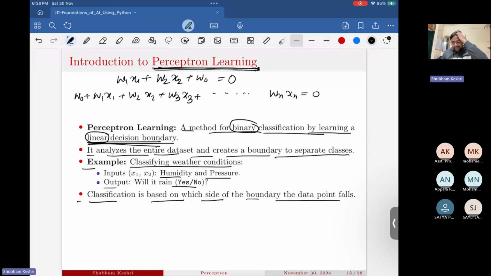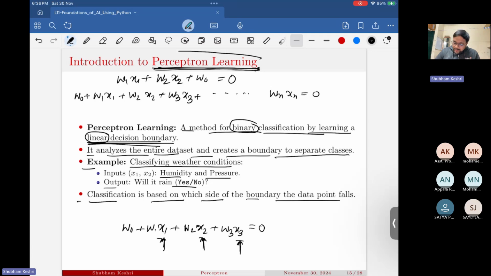If you remember, the equation of a plane is written as w0 plus w1 x1 plus w2 x2 plus w3 x3 is equal to 0. There are three x variables, and in machine learning, whenever I write x, these are the features. And this perceptron learning tries to identify these w's, right?